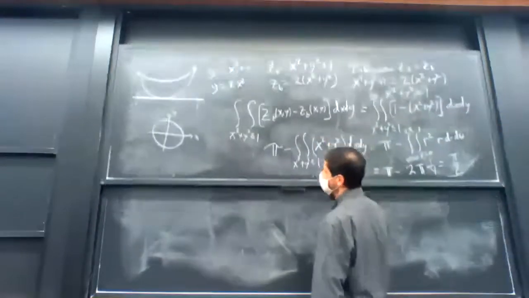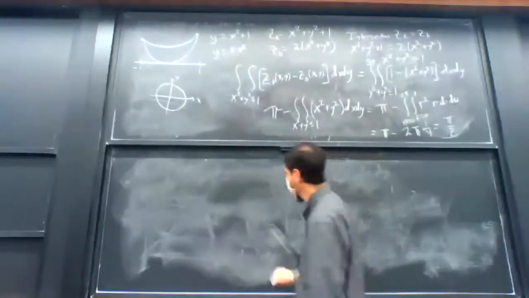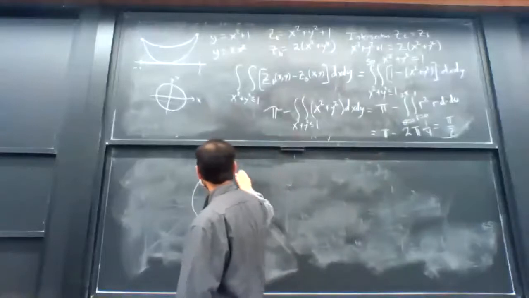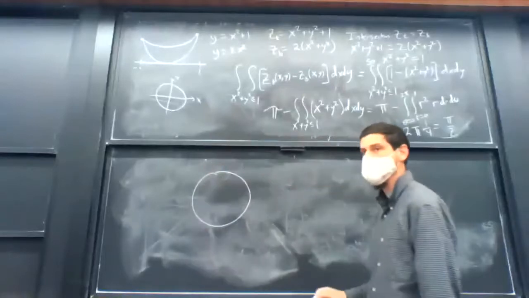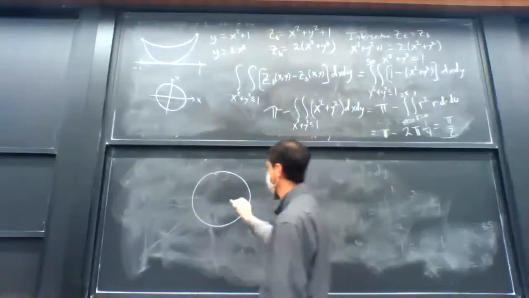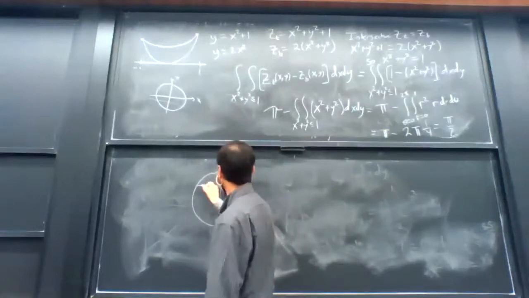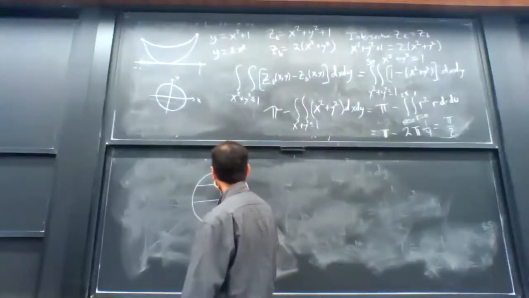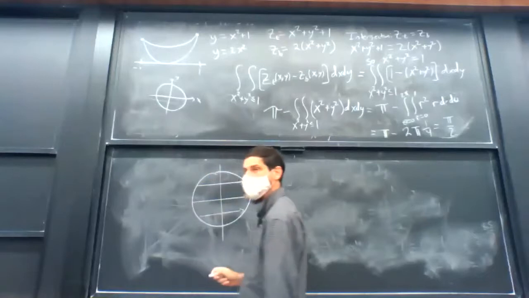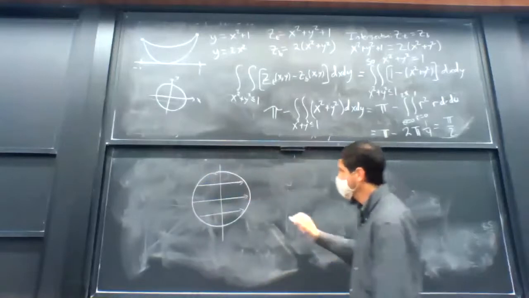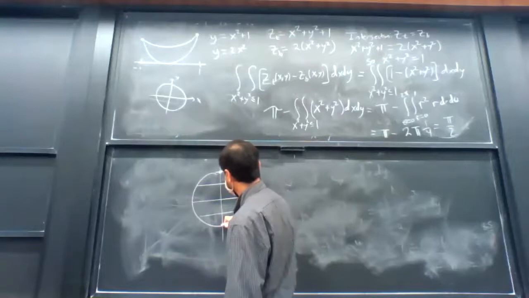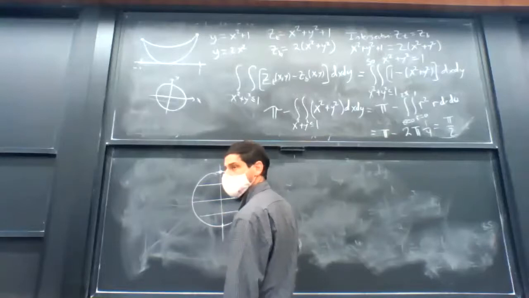So if we chose to do it in x and y, we're setting it up to do the x integration first. So what we'd do is we would fix the value of y, and we'd be going like this. So here are the two different regions.